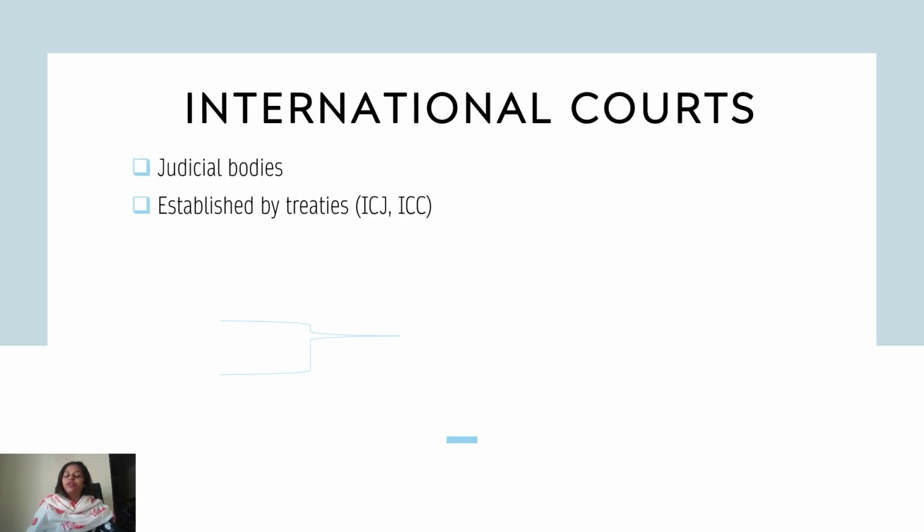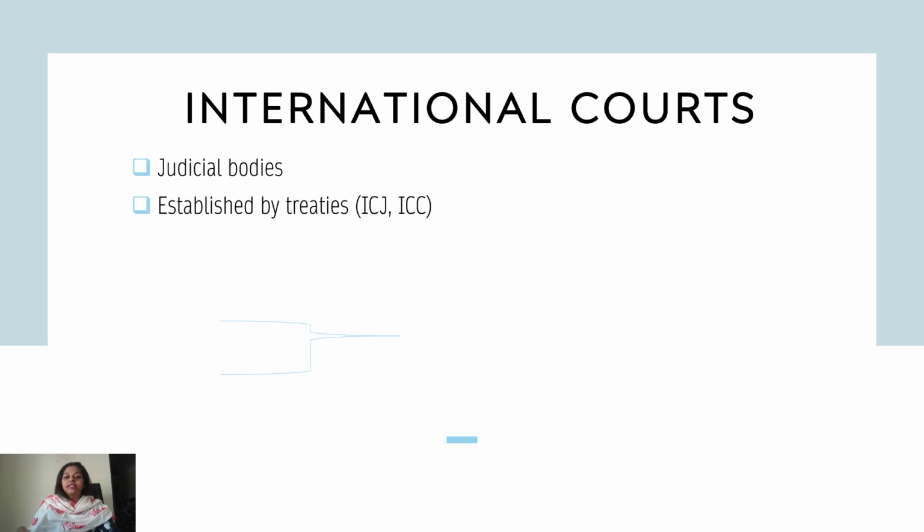Usually, international courts are established by some treaty or convention. The International Court of Justice was established by the Charter of the United Nations and the Statute of the International Court of Justice.